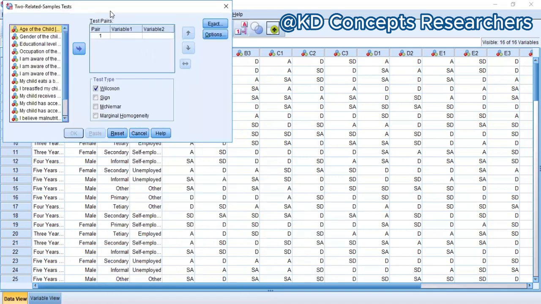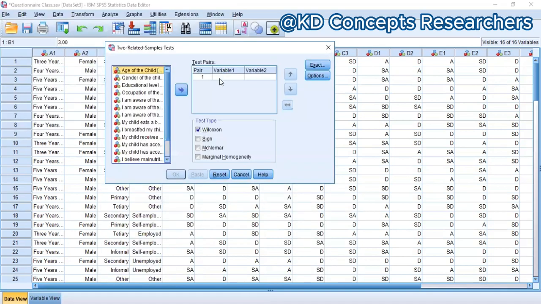Now, remember that the variables we are using are B1, B2, and B3. So we are going to be feeding them into these test pairs. Click on the first variable, and I'll move in my B1. Again, I'll click on the second variable, move it. So this is the first pair, between B1 and B2. I'll come down to pair number 2.